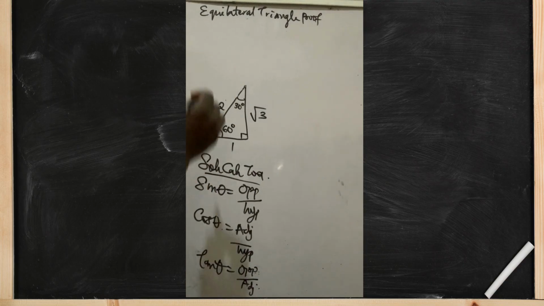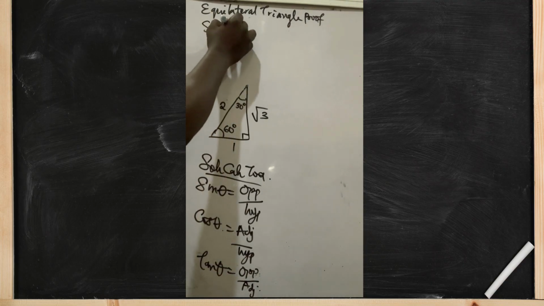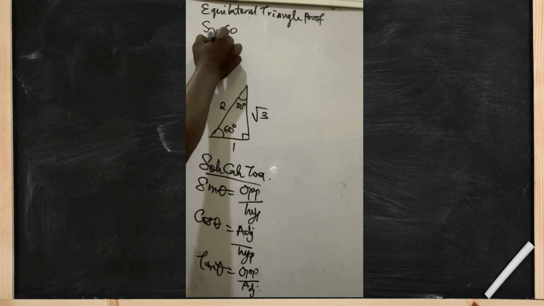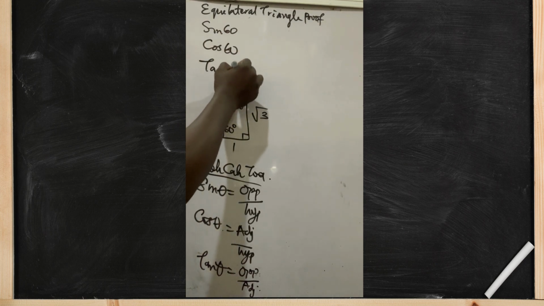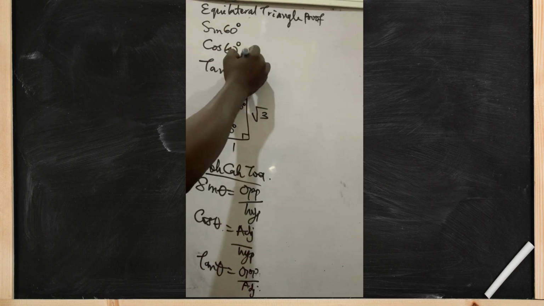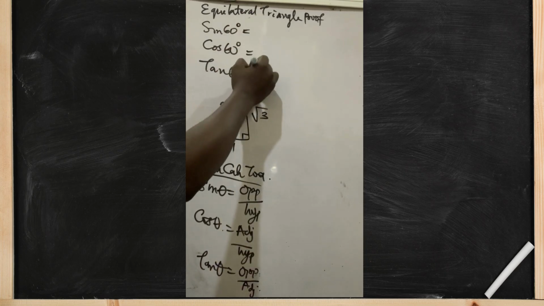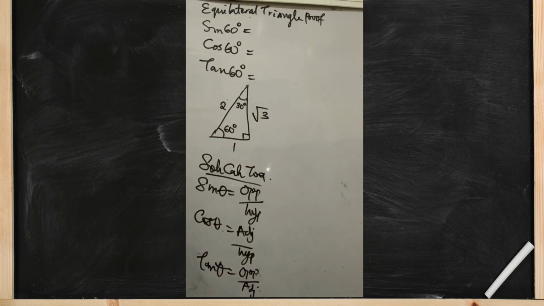The next one for sine 60, cos 60, and tan 60 degrees. The first thing we need to have at the back of our mind is that sine theta is opposite over hypotenuse. What's the opposite of 60 here? It is root 3. What's the hypotenuse?